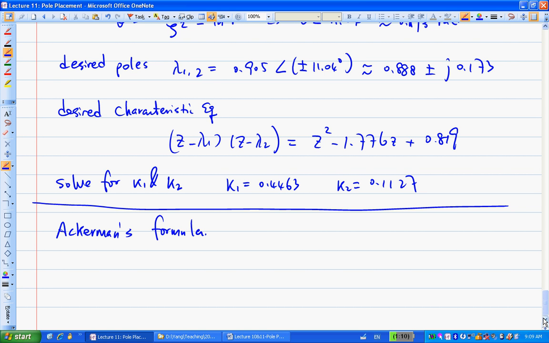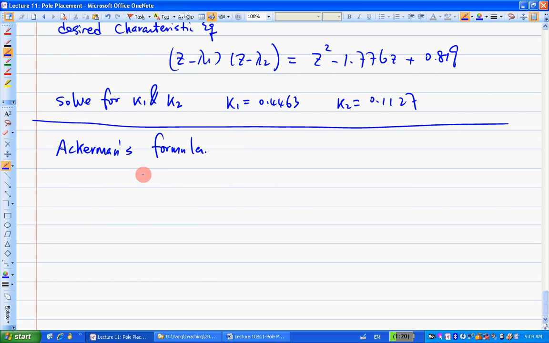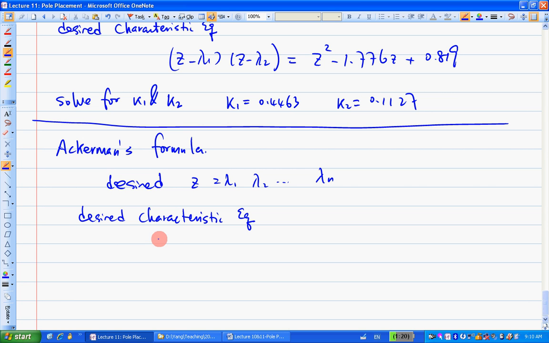Okay, so the general formula, this Ackermann formula, is basically, what's our desired? Let's say the desired z is lambda 1, lambda 2, and up to lambda n. Once you plug this z equal to this, the desired characteristic equation would be z minus lambda 1, z minus lambda 2, up to z minus lambda n.